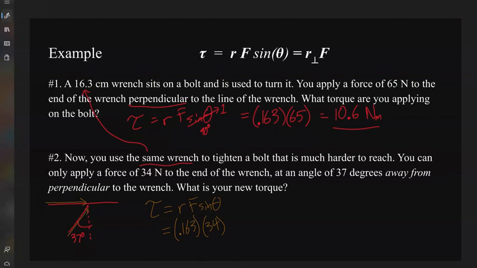So it's not 37. Instead, we have to find the complementary angle to it, which would be 53 degrees if we take 90 minus. So we need to do sine of 53 degrees. Okay, so now let's plug this into our calculator. So 0.163 times 34 times the sine of 53 degrees, and I get a torque of 4.43 Newton meters.